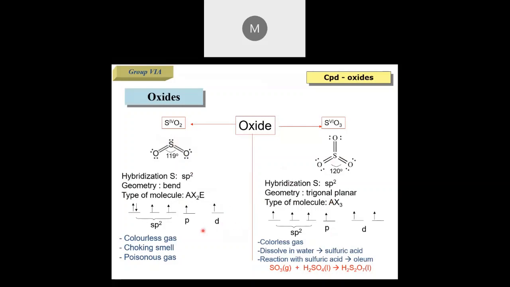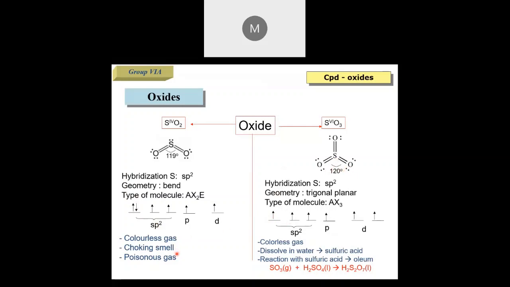And here is the electron configuration, the arrangement of electrons. So the sp2 here involves one of the paired electrons being hybridized. And on the right, for the sulfur trioxide, all of them are unpaired, so they are able to share electrons and pair them with the oxygen atoms.